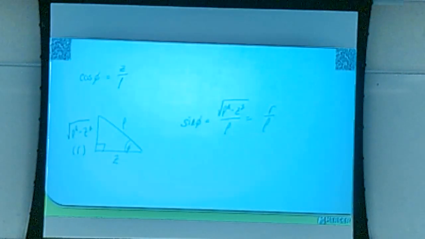Right, because rho squared is x squared plus y squared plus z squared, so rho squared minus z squared is just x squared plus y squared.